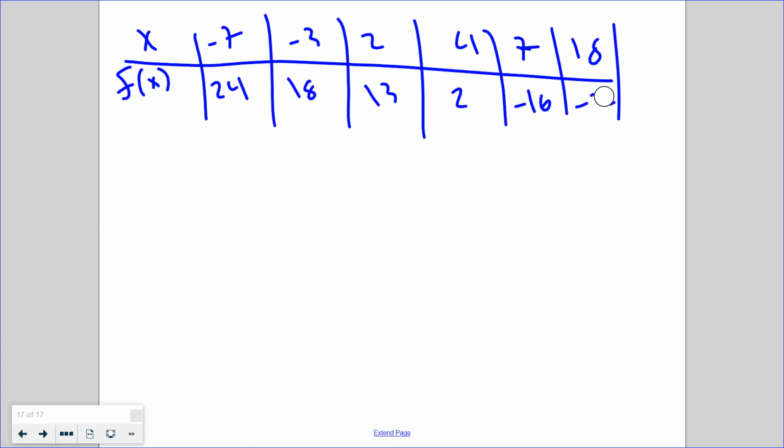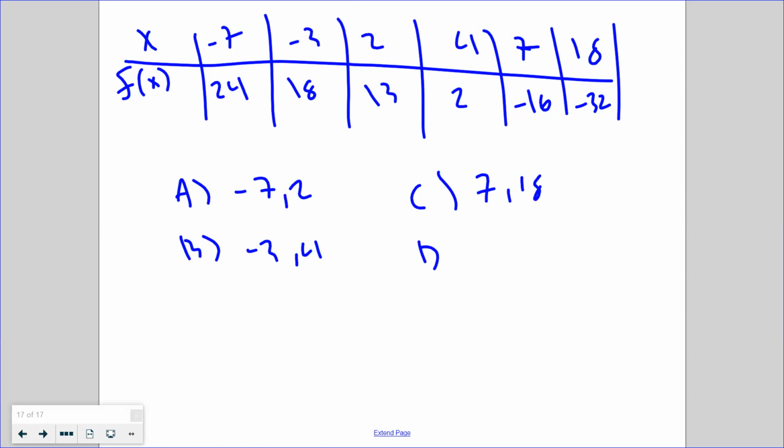What it's asking when it says where is a real solution, a real root on this table, is, well, what x intervals, from what x value to what x value, will give you an x-intercept. So if I say a is -7 to 2, b is -3 to 4, c is 7 to 18, and d is 2 to 7, what would the answer for this one be?